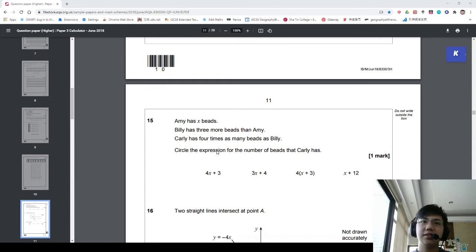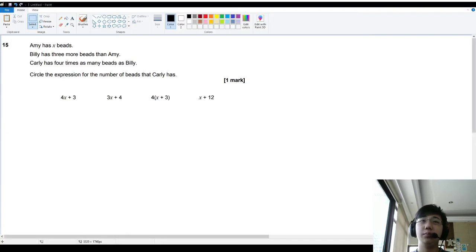So this is another of those worded problems where you're introduced to multiple characters and each of them has some kind of mathematical property attributed to them. So Amy has x beads. Billy has 3 more beads than Amy, so Billy has x plus 3 beads, while Carly has 4 times as many beads as Billy.